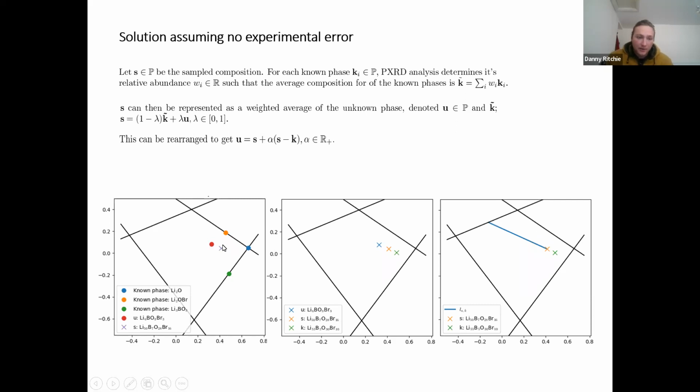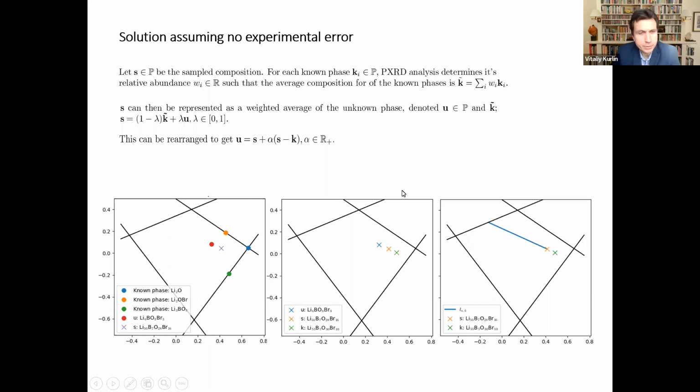It could see, however, the presence of the orange dot, the blue dot, and the green dot, and it knew their compositions. It knew where they lie in composition space, P. And it can also estimate the relative ratios between them. These are the Wi. Because you have these relative ratios, you can then take a weighted average of these 3 points using the relative ratios to calculate the average composition of the known phases, which is this green cross here.